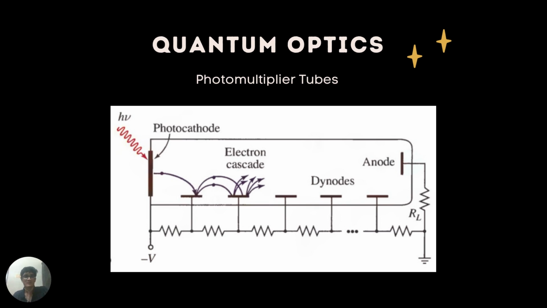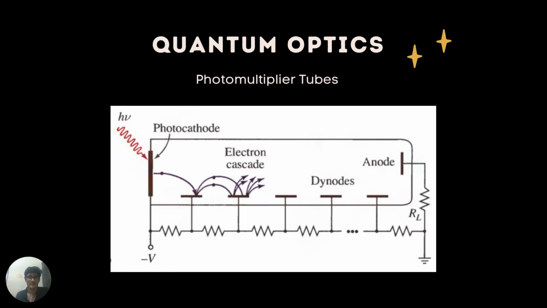Another phenomenon, photomultiplier tubes, where a photon incident on one plate in this apparatus will eject electrons from this plate, which will go on to the next plate, which is at a potential less than the first plate. So the potential gradually falls, as you can see from the resistive divider circuitry here.